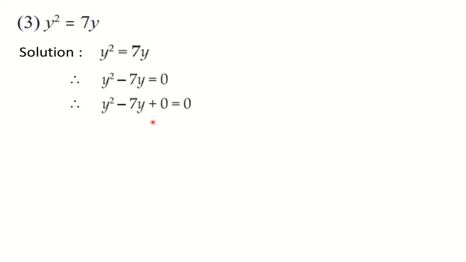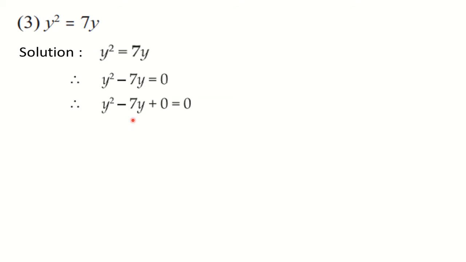We should have 3 terms because our standard form is ax square plus bx plus c is equal to 0. So here in place of c we need to write 0 because the constant term is absent. We have seen that a cannot be 0 but here b and c can be 0. So in this equation c is 0.